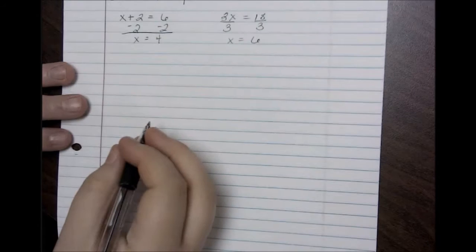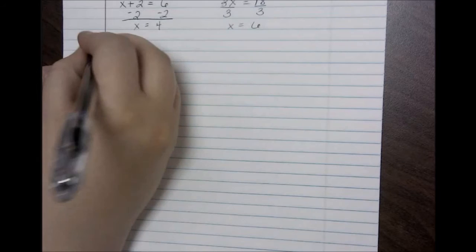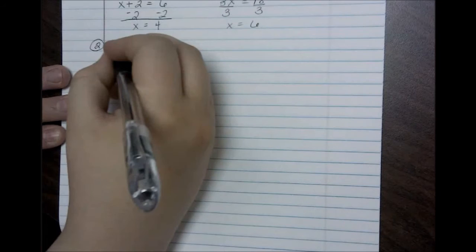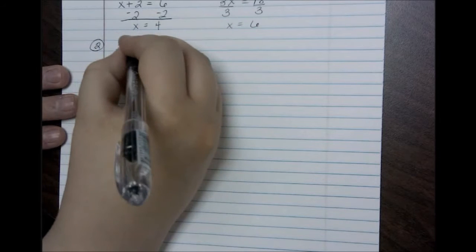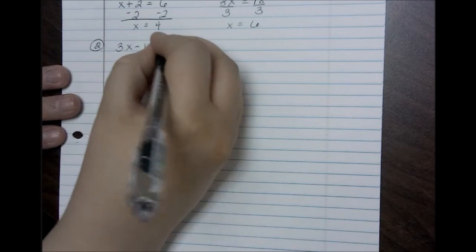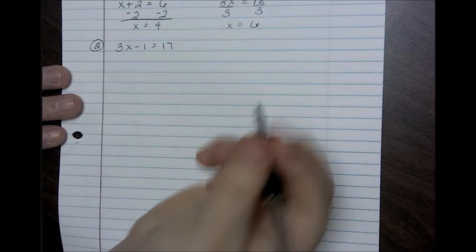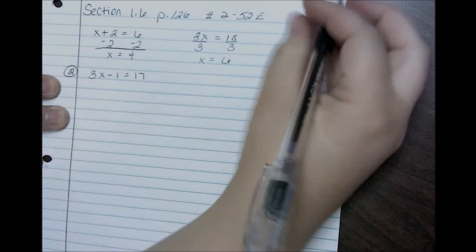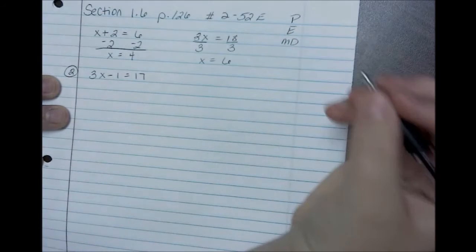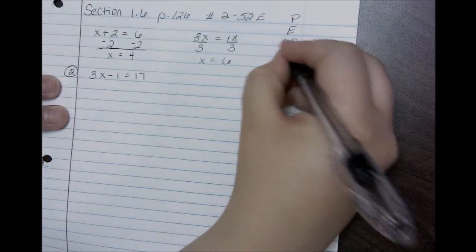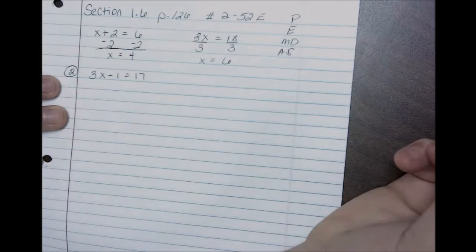So looking at problem number 2, again this is on page 126, I have the problem 3x minus 1 equals 17. Now, if you remember your order of operations, they are parentheses, exponents, multiplication and division, and addition and subtraction.